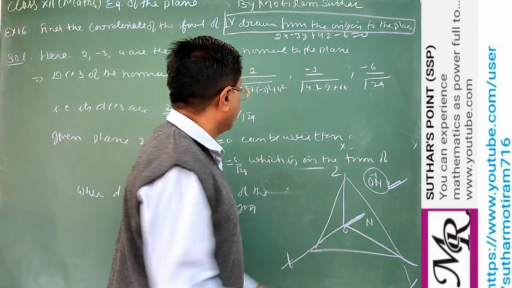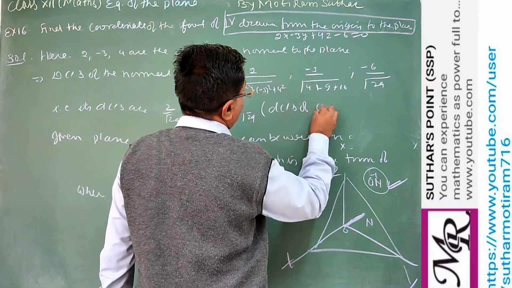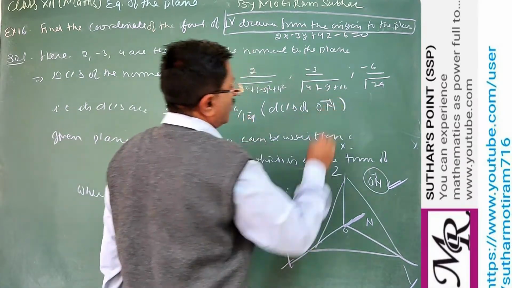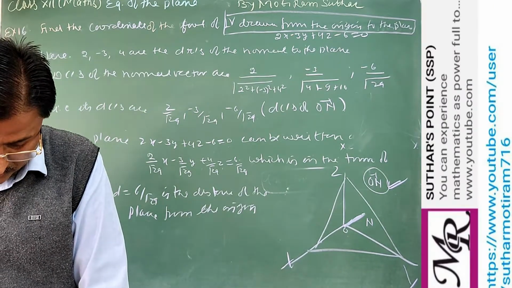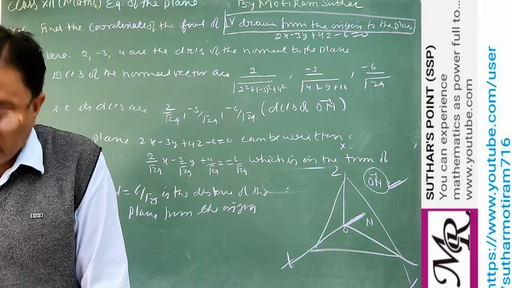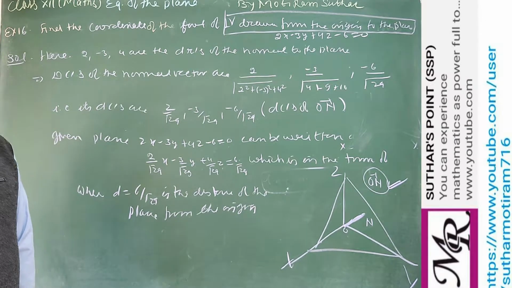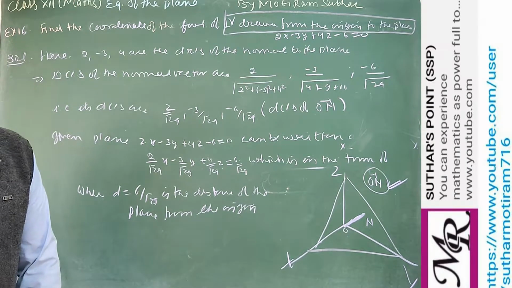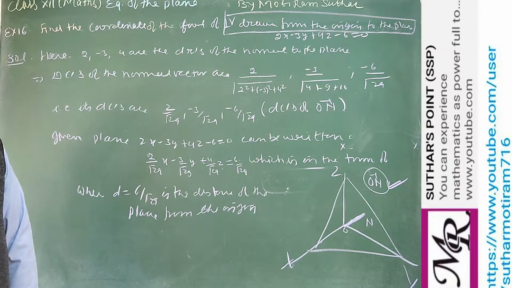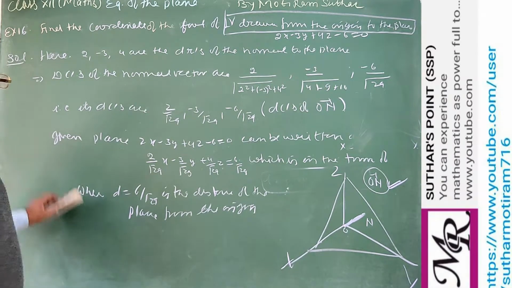Normal means OL, so these are the direction cosines of vector OL, the perpendicular, and the direction ratios are proportional to these.